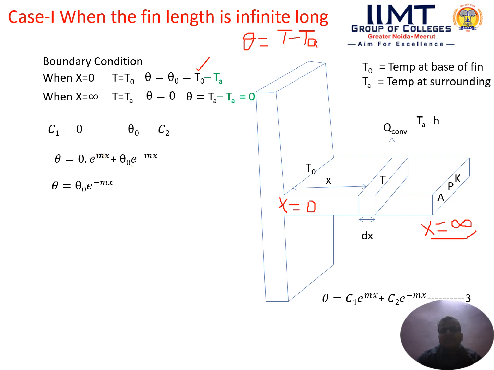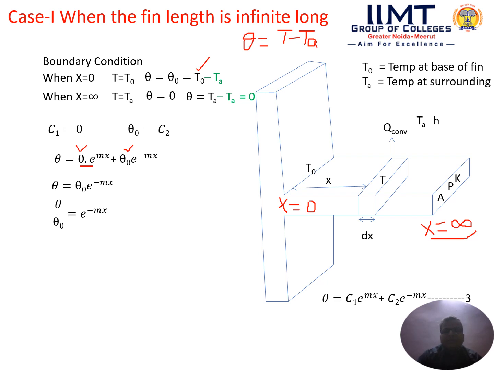The first term is equal to 0. Then this can be written as theta by theta naught is equal to e to the power minus mx. This is the temperature distribution equation for case number 1, that is when the fin length is infinitely long.